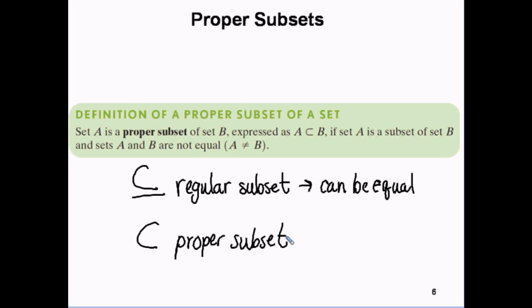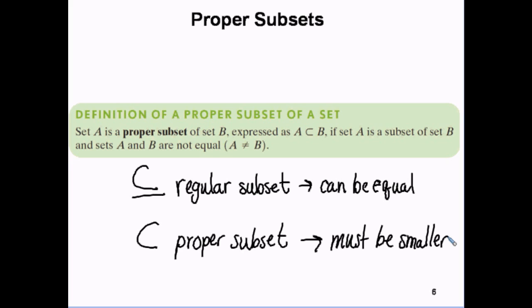So if my set was {1, 2, 3}, a proper subset can only have 2 of those elements. It can't have all 3. It can have 1 element or it can have 2 elements. So it could be {1, 2}, or {2, 3}, or {1, 3}, or just {1}, or just {2}, or just {3}. But it can't be {1, 2, 3}. Okay, so a regular subset can be equal. A proper subset must be smaller. That's the difference between the two.